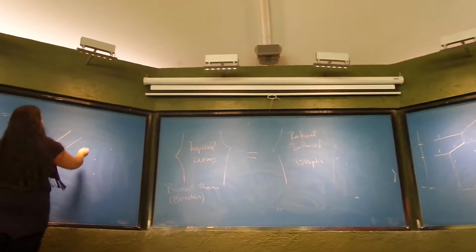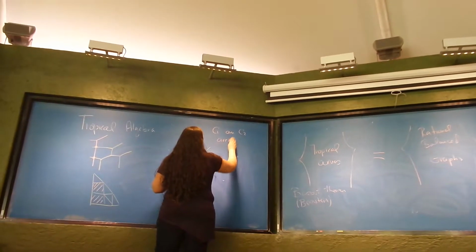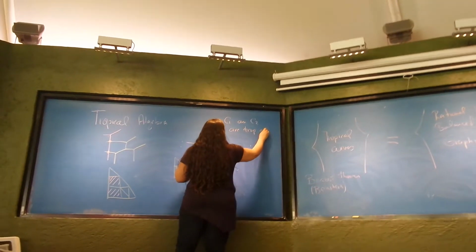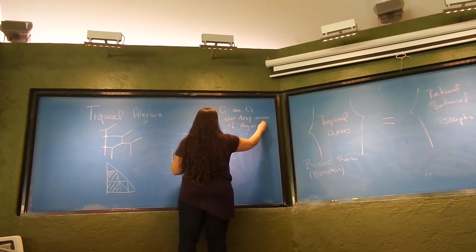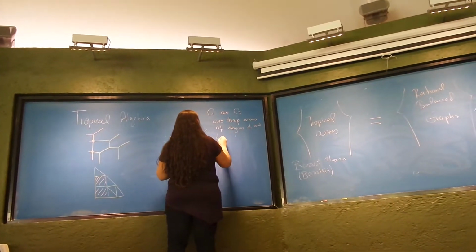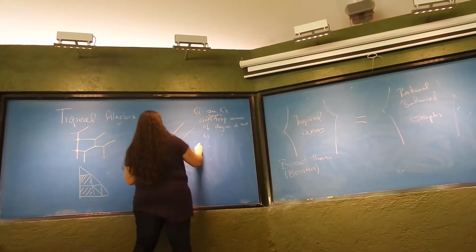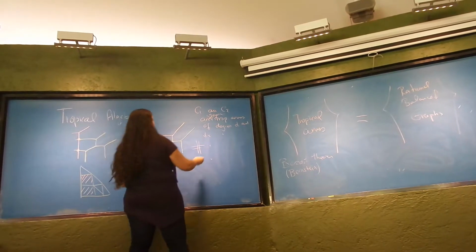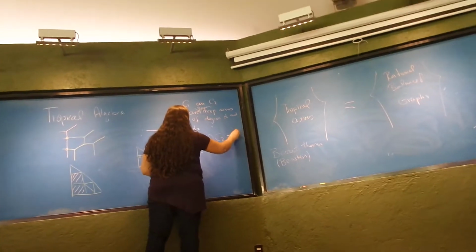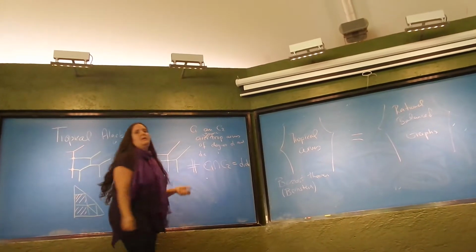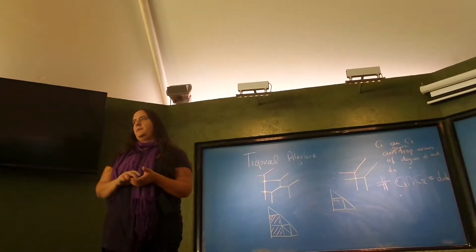We say that C1 and C2 are tropical curves of degrees d1 and d2, both generic. Then the intersection between C1 and C2, counted with multiplicity, will be exactly d1 times d2. This shows how multiplicity works very well in tropical geometry.